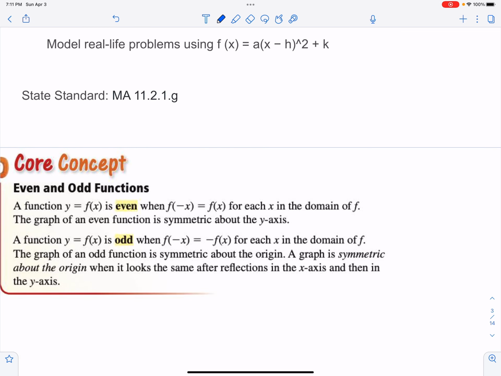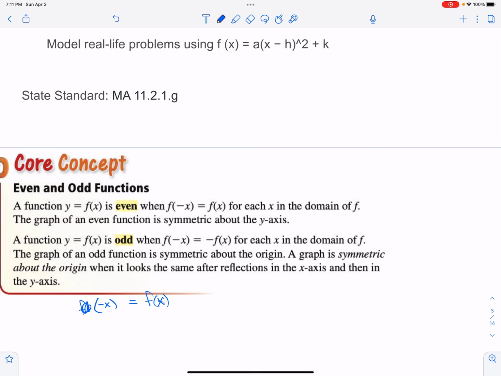So the first thing, again, you can pause and write this all down, but really you don't need to write everything down. What you need to understand is that when a function is even, if I plug in negative x as my input, so my function evaluated at negative x, my answer should look exactly like the original function.